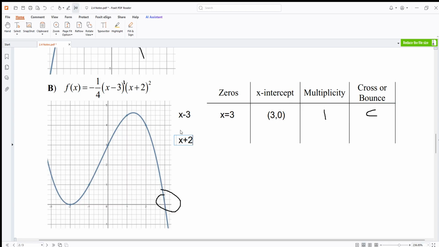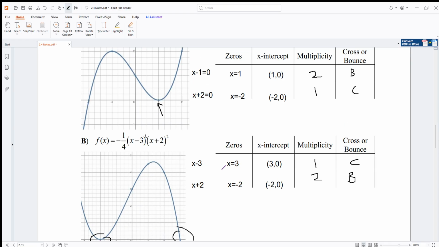For the x plus 2 factor, if I set that to 0, we get x equals negative 2. The intercept is negative 2 comma 0. And how many of those do I have? Well, I can see specifically on that factor there are 2 of them, so there's a multiplicity of 2. If I look on the graph, at negative 2 comma 0, the graph is not crossing the axis, it is bouncing off of it.